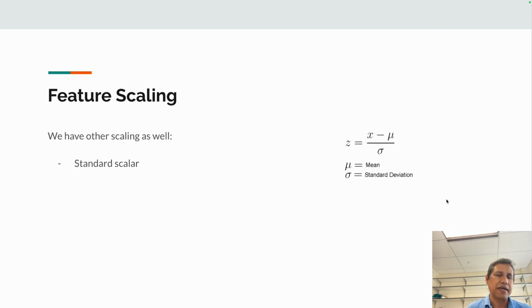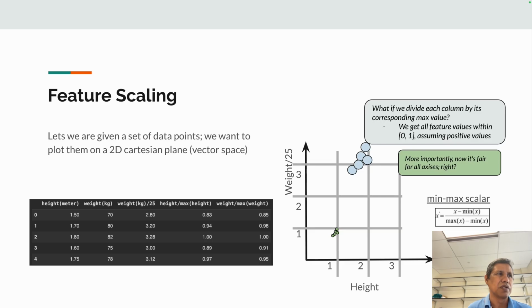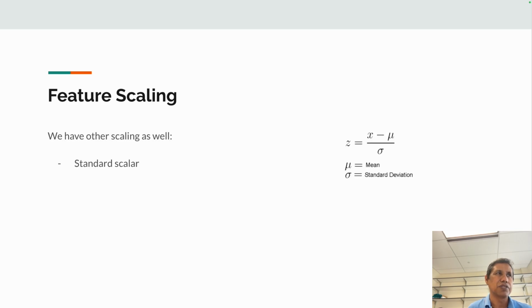And then we have the standard scaler. If your data values, for example the height column, follow a Gaussian distribution, then for the new value you subtract the mean of that column and divide by the corresponding standard deviation of the column. If you do that, your values will be scaled.